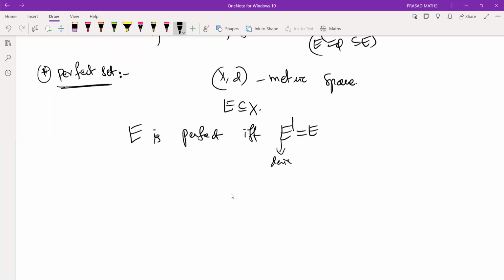The derived set of E. This is a notation, from Rudin. If at all E prime is equal to E, 100%, E is a perfect set.